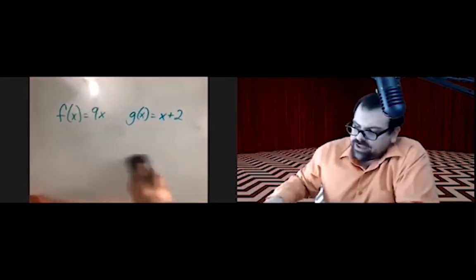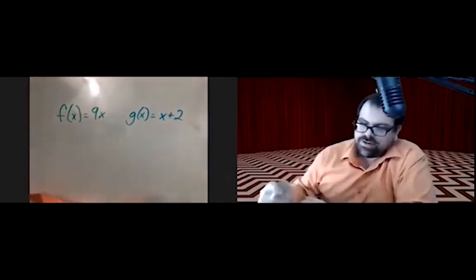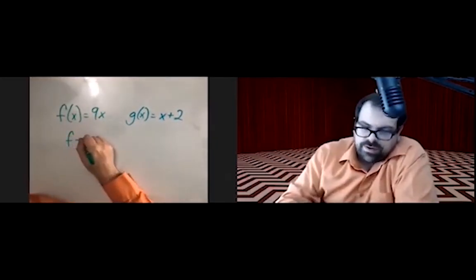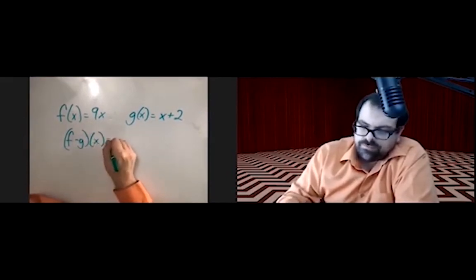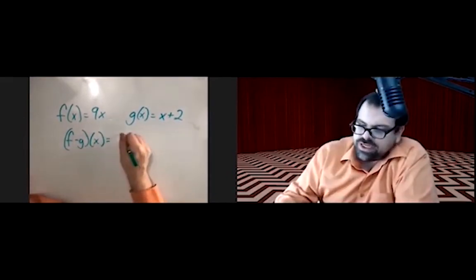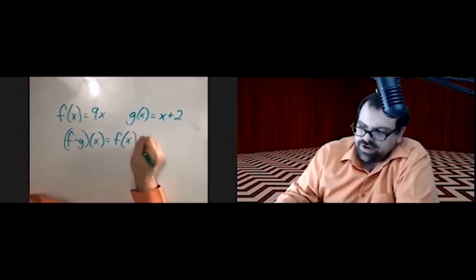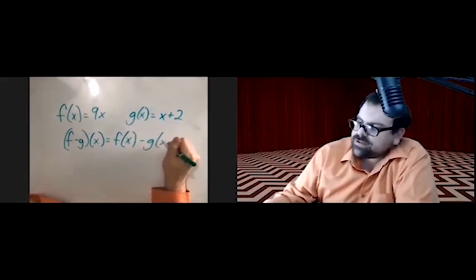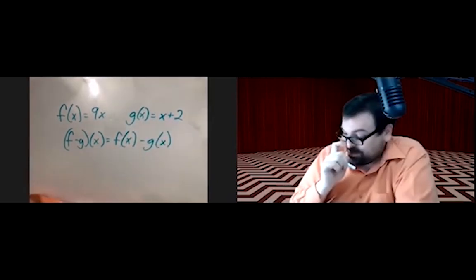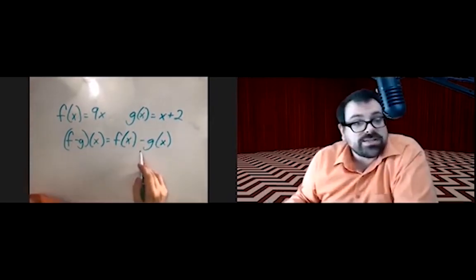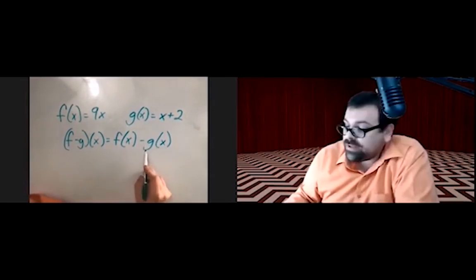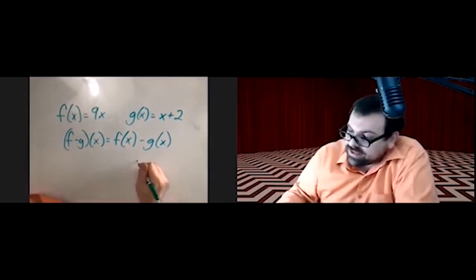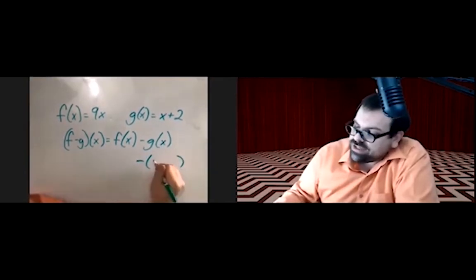F minus g of x. Here I want to warn you to be careful. F minus g of x would be f of x minus g of x. But just like any time we're doing a substitution right after subtraction, subtracting g of x means subtracting the entire g of x.